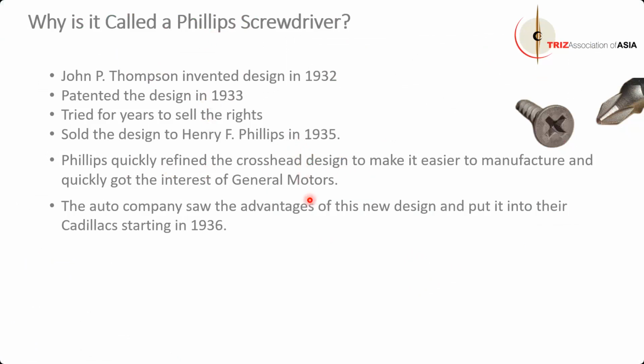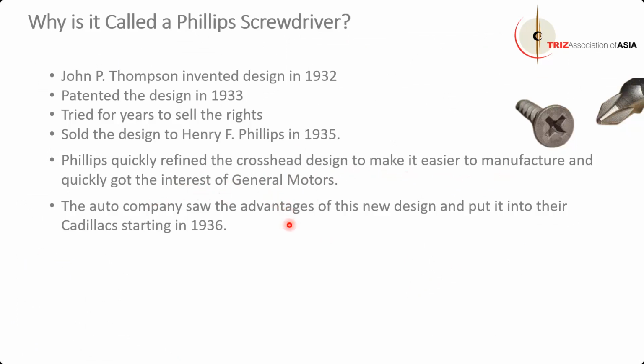And what that lacuna was, it was difficult to manufacture it in a proper way. So what he did, he refined the crosshead design to make it easier to manufacture and quickly got the interest of General Motors.